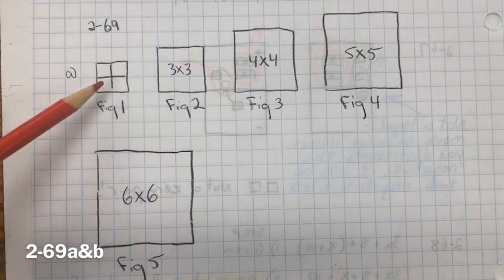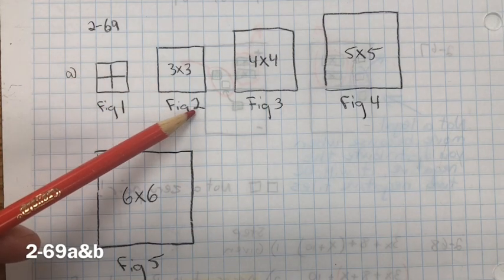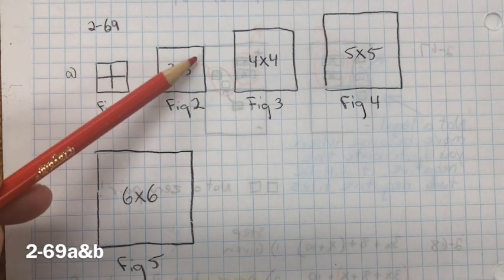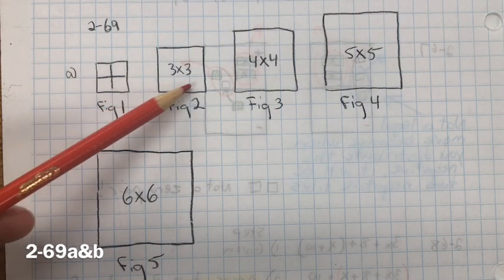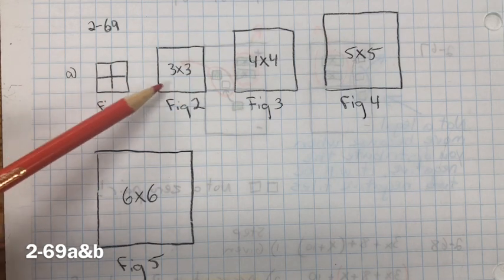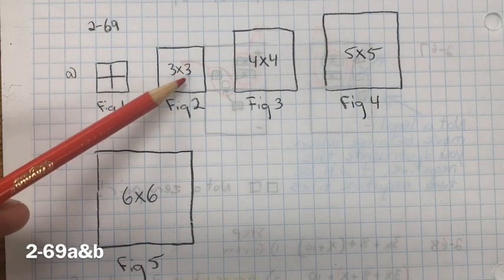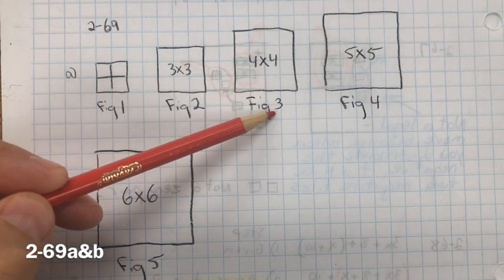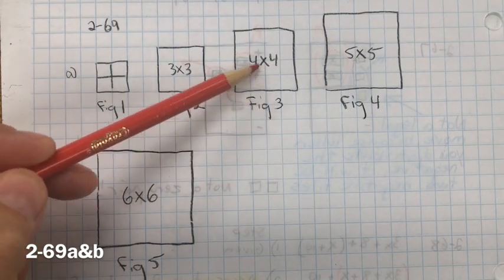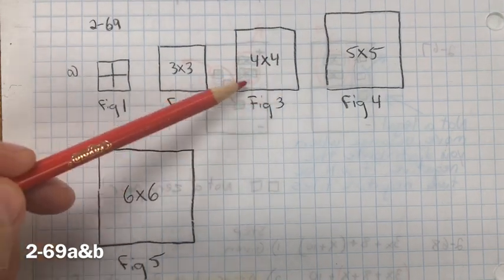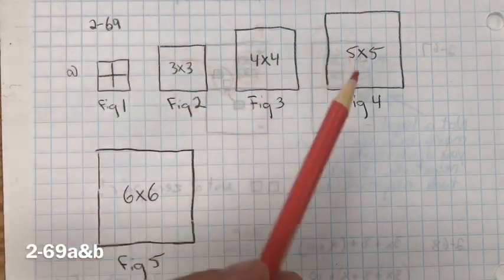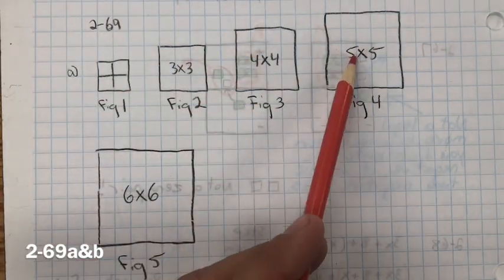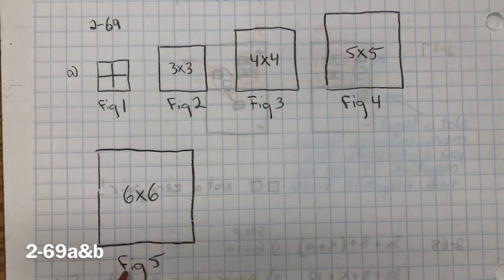So you should notice that the figure number relates to the actual figure, because figure 2 is a 3 by 3, so that's 1 more than the figure. Figure 3 is a 4 by 4, that's 1 more than the figure. So figure 4 is going to be a 5 by 5. Figure 5 is going to be a 6 by 6.